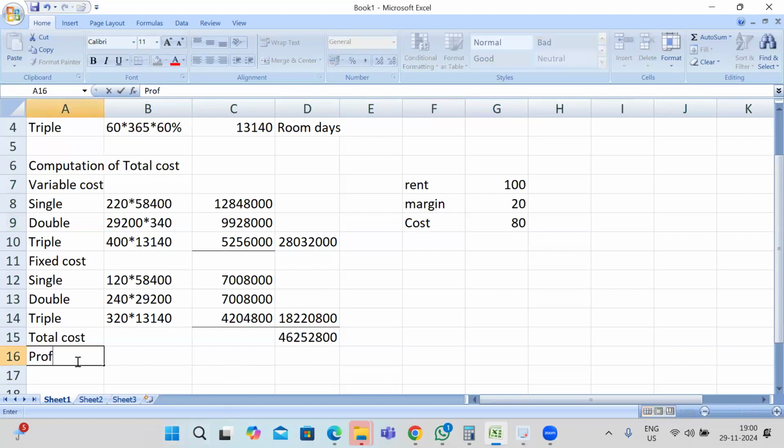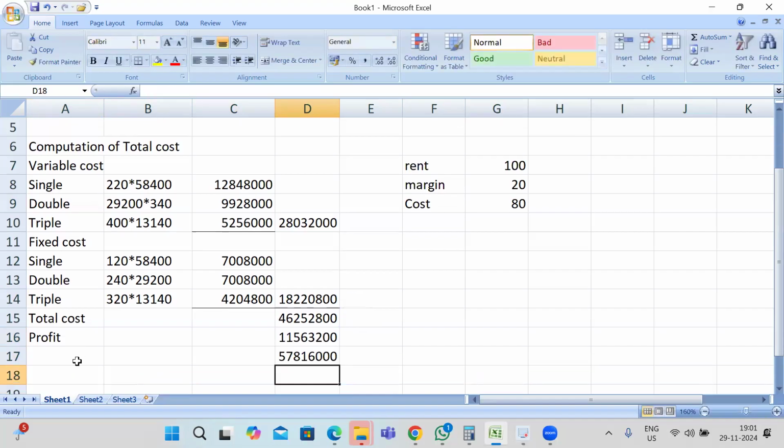So profit, I want to calculate 20% into 20 by 80. So my total room rent will be around 5 crore 78 lakh 16,000. This one is rent. Here I'm calculating cost into 20 by 80. So remember this rule.